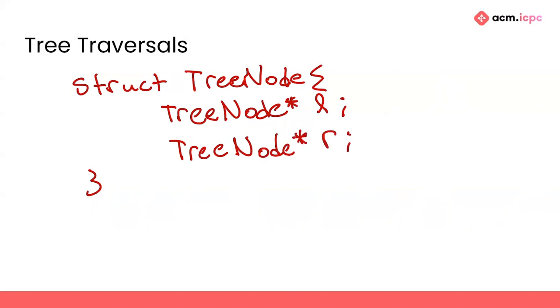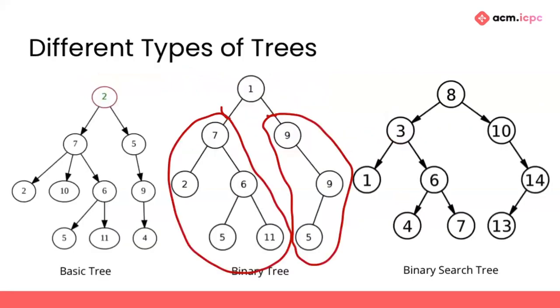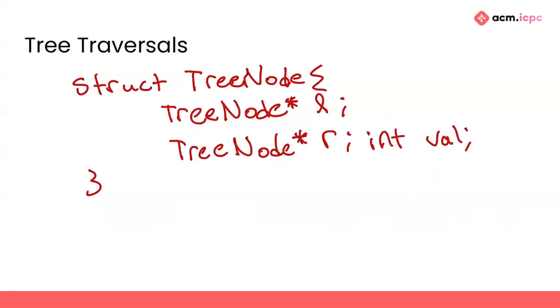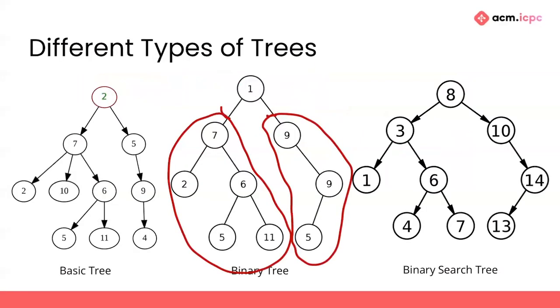And then generally speaking, we'll also have an int value. But effectively, this is the kind of struct you're going to be seeing. Now, oftentimes, even if I'm not given the type of tree it is, I can figure out what type of tree it is by looking at the struct. If I see a left and a right subtree, I know that that must be a binary tree.